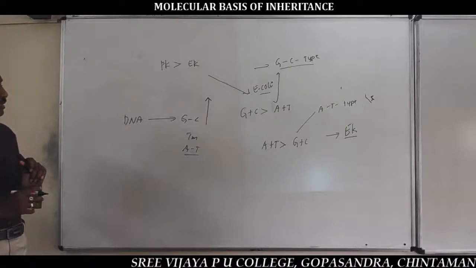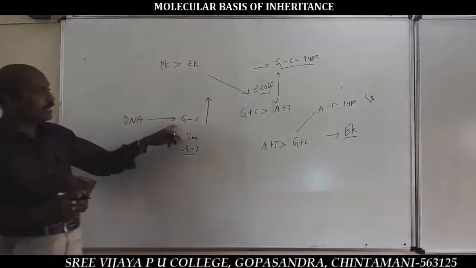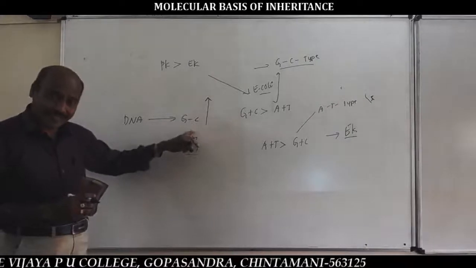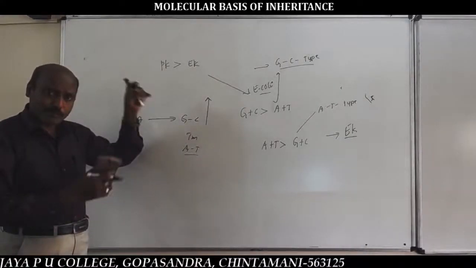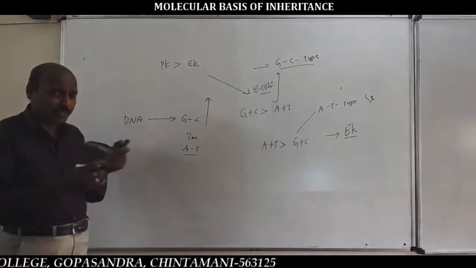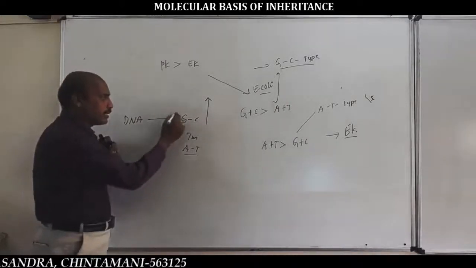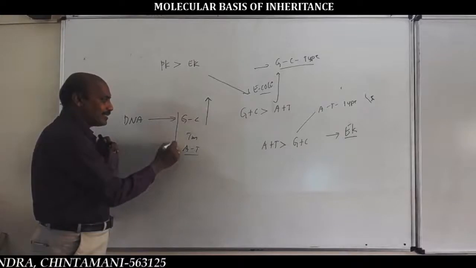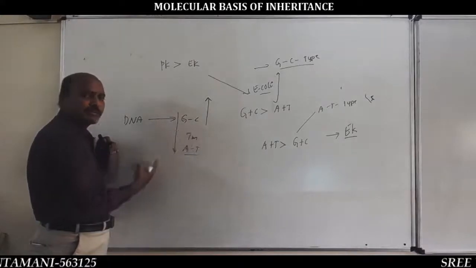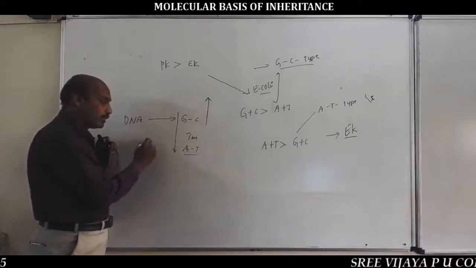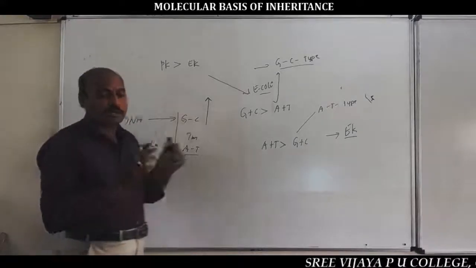Means if the DNA contains G and C in a higher percentage, then the DNA requires more temperature for its separation, for its dissociation. Why? If the DNA contains fewer G and C nitrogen base pairs, it will require less temperature for its separation.